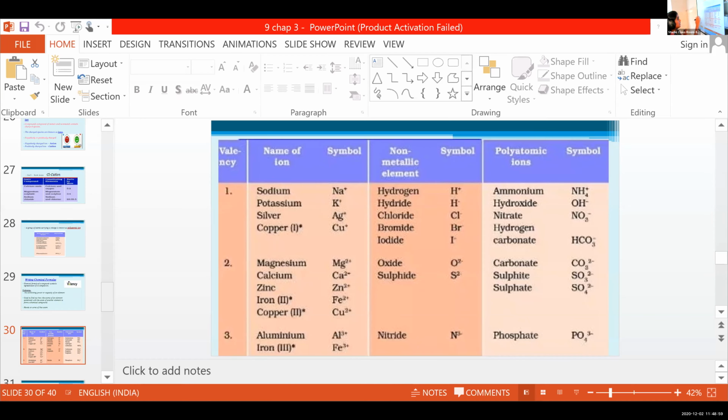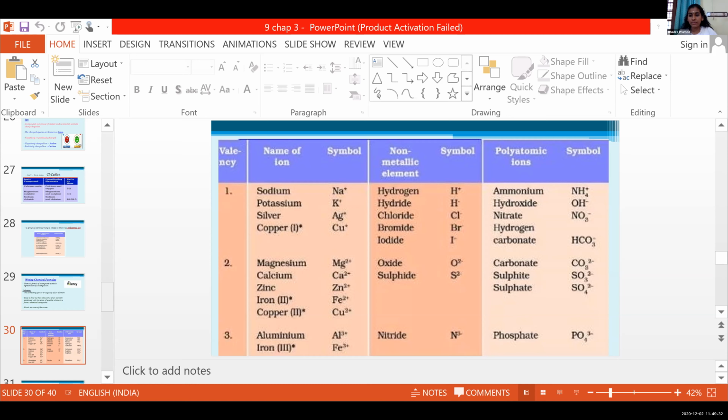These are all examples of positively charged ions, or metallic ions, with valency 1. Clear? Sodium, potassium, silver, copper all have valency 1, which means their combining capacity is 1. They are all metals and have a plus charge. They are all cations.